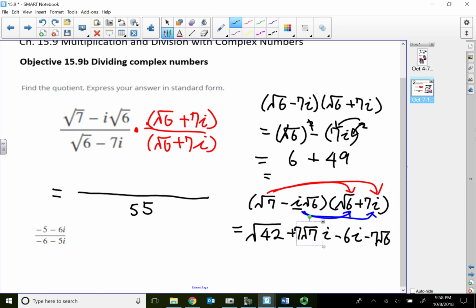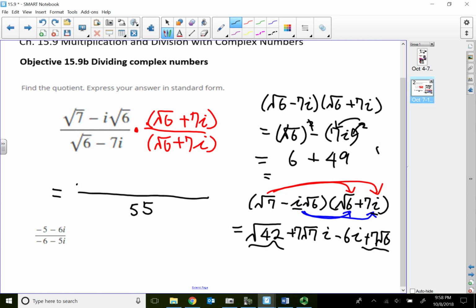But the i times i again will make this negative 7 square root of 6 become positive. So, look like no like terms. All right, so since I got no like terms here, what I'm going to do is put this term and this term at the beginning.